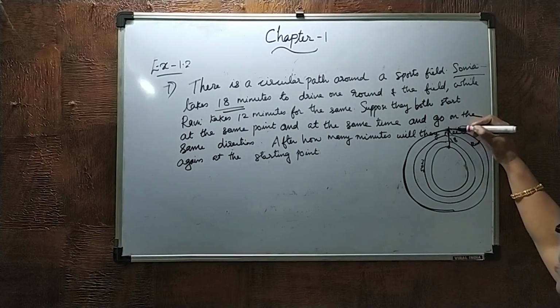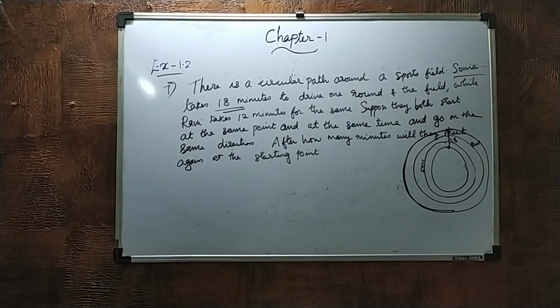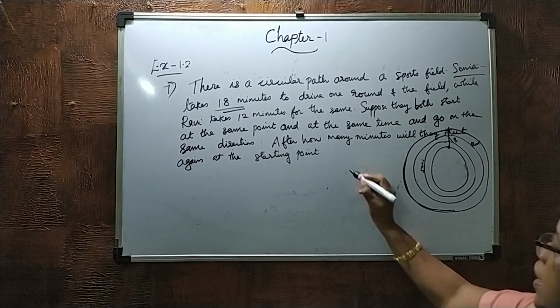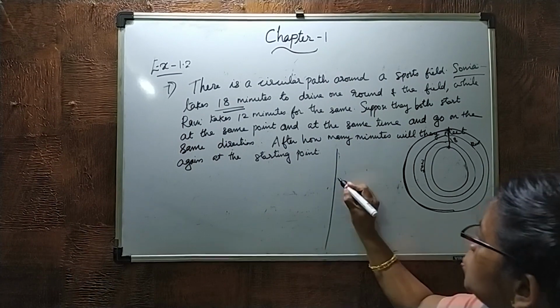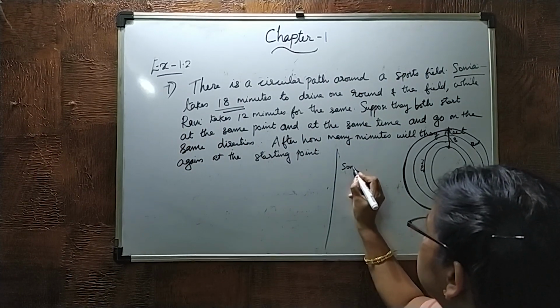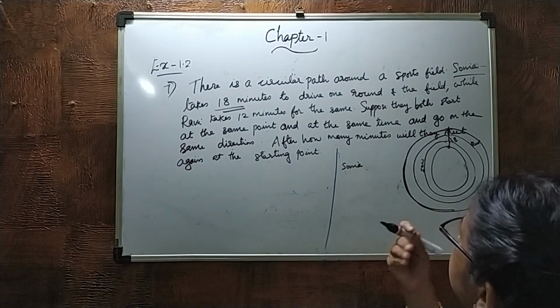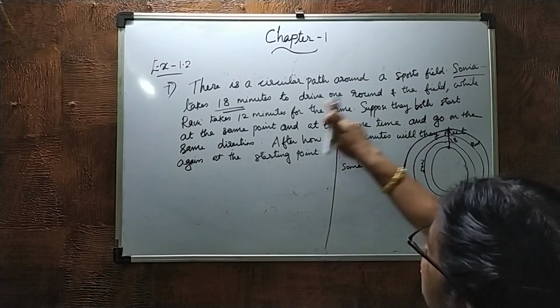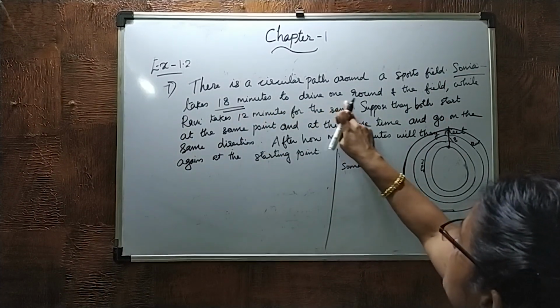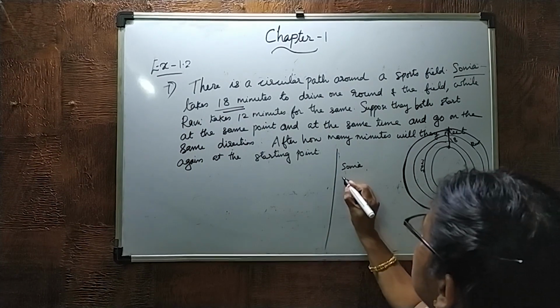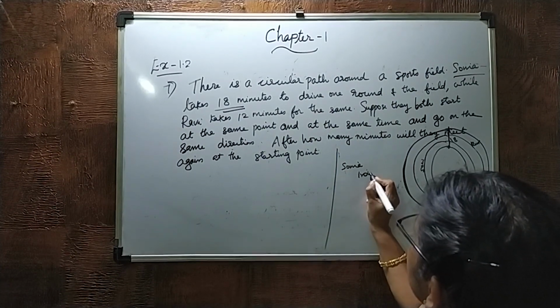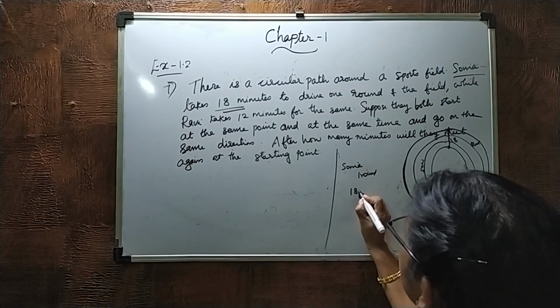So here, when will they come to the starting point? Just look at Sonia. Sonia takes 18 minutes to drive one round. So in one round she takes 18 minutes.